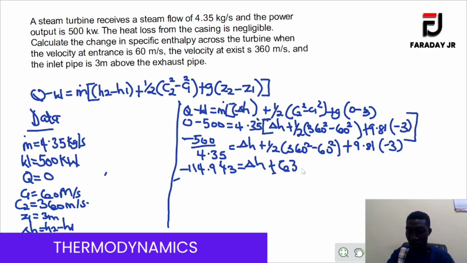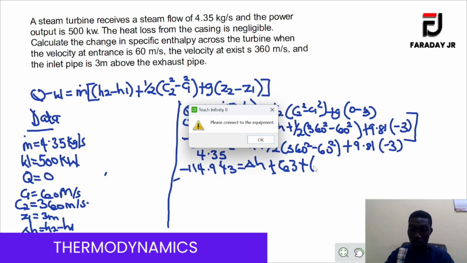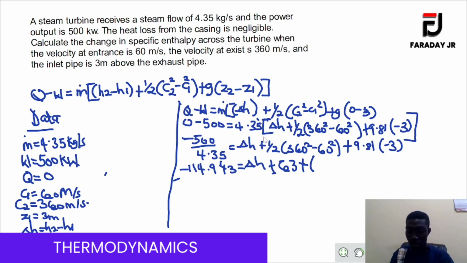So you're going to have 63 over here, then plus 9.81 multiplied by negative 3. So we are going to have negative 29.43, but since we have it there, send it to kilo as well.